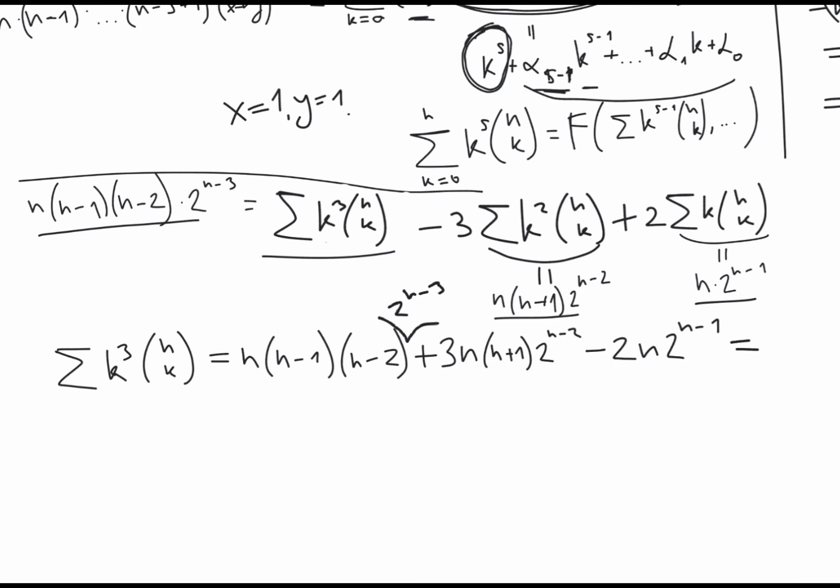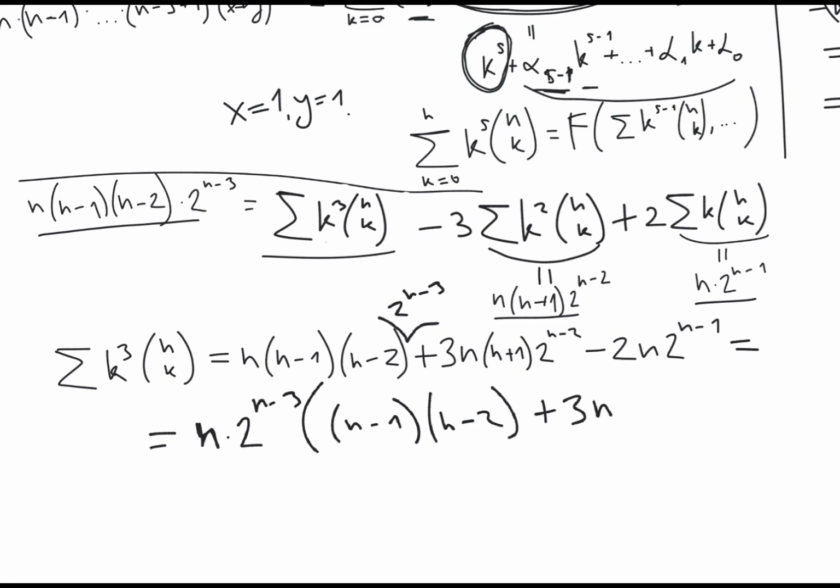So n, 2 to the power n minus 3, multiplied by n minus 1, n minus 2, plus 3n, n plus 1, multiplied by 2, so we can write 6 here instead, minus 8.